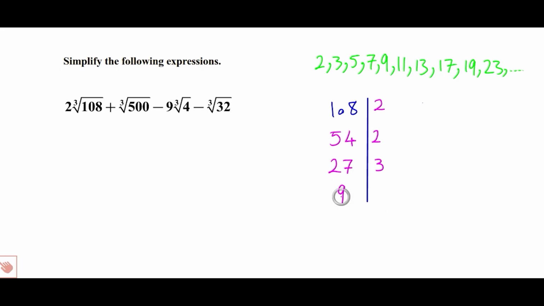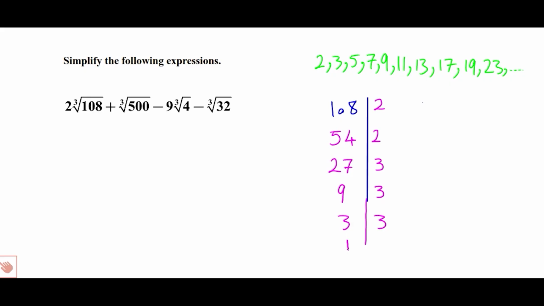And then we ask ourselves, is this number divisible by 3? The answer is yes. So we write 3. And now we divide 9 by 3, which is equal to 3. Is this number divisible by 3? Of course, yes. So we write 3 and 3 divided by 3 is 1.